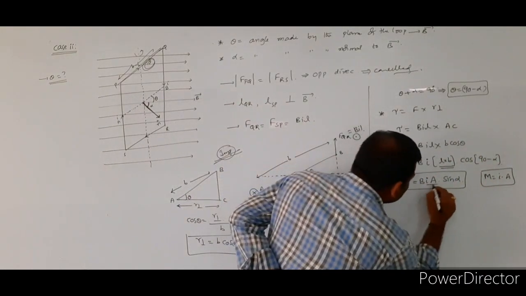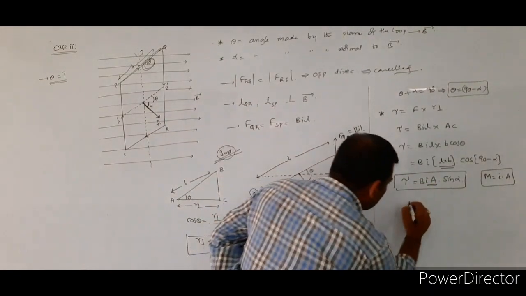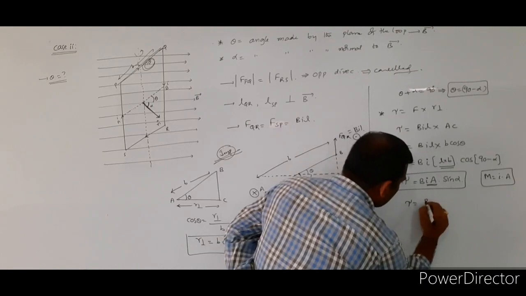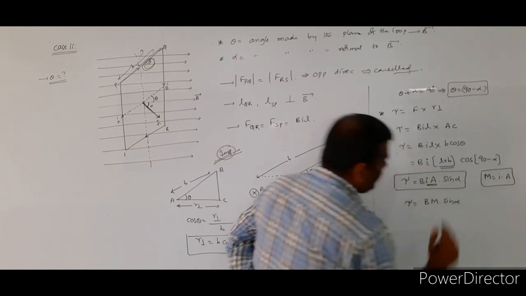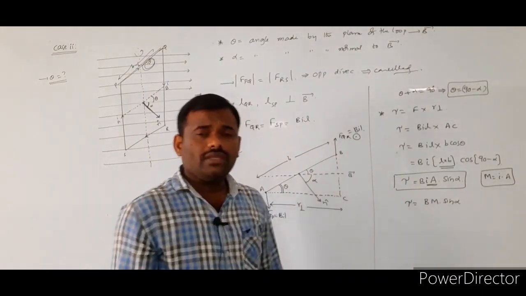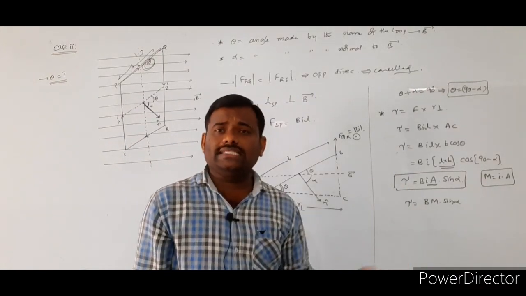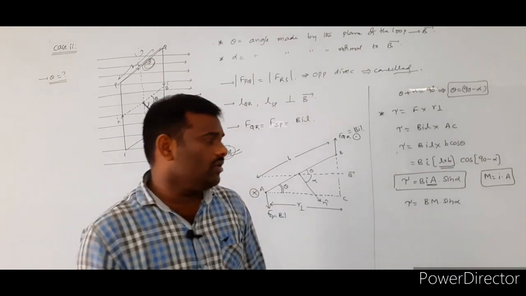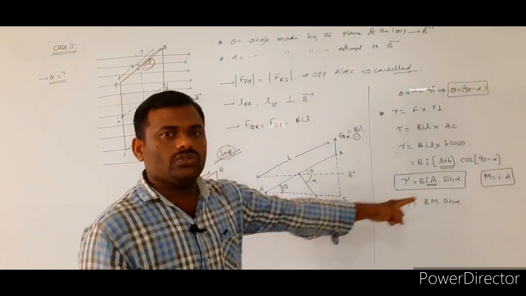So in the place of I into A, I will write tau is equal to B into M into sin alpha. So here, by the definition of the cross product, A bar cross B bar is equal to AB sin theta. So it is also in the same form.